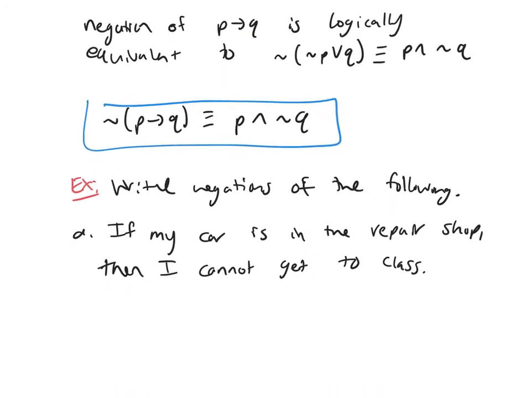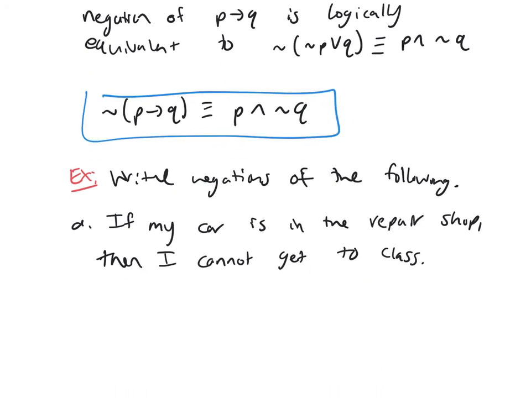So when you're doing this, you're going to identify your P, your hypothesis. So if I look here, my hypothesis is my car is in the repair shop. That's the P. I cannot get to class.